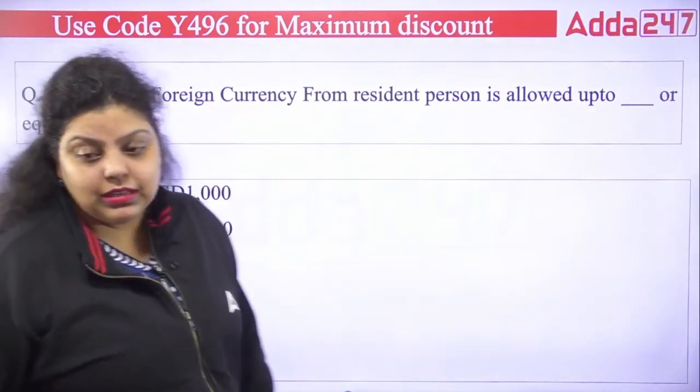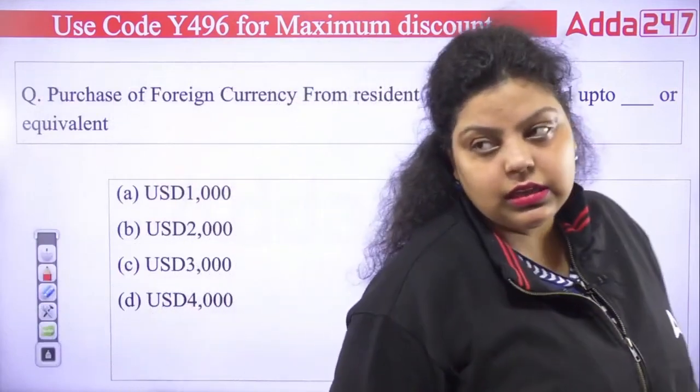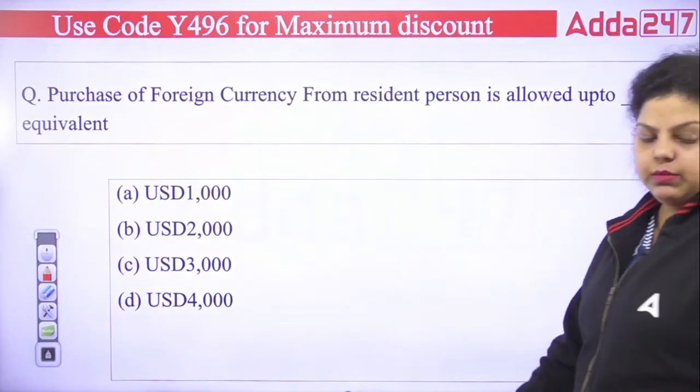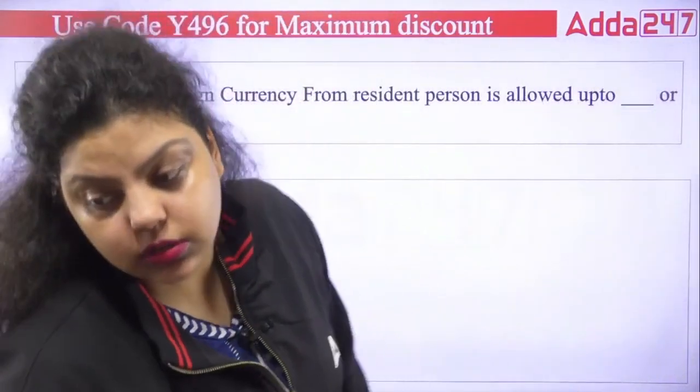You have to answer, if you purchase foreign currency from a resident person, up to what amount is it allowed? A, B, C or D. What amount should it be? Let me know in the comment section.